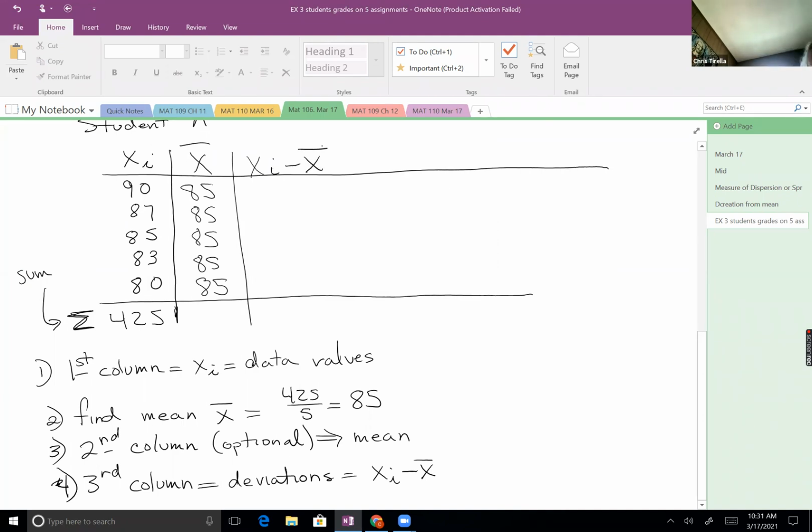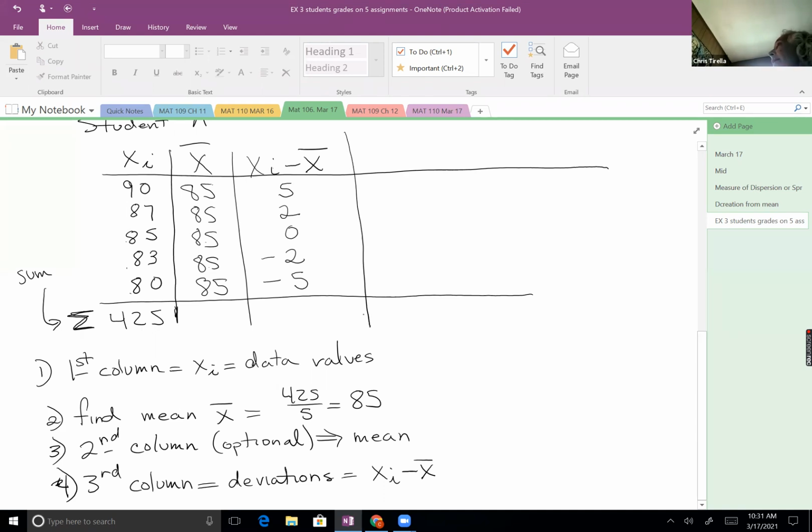And so because I've got that mean in that column there already, I'm going to just subtract across. 90 minus 85 is 5. 87 minus 85. 85 minus 85. 83 minus 85, that would give me negative 2. 80 minus 85 would give me negative 5.